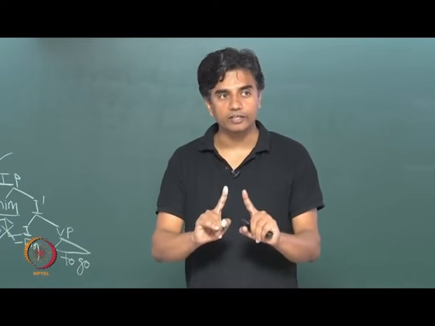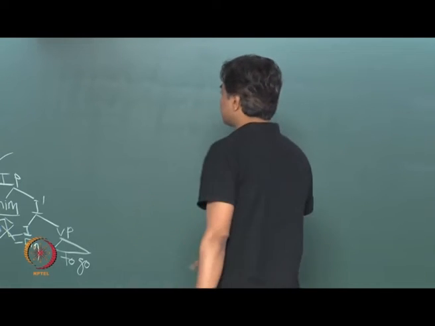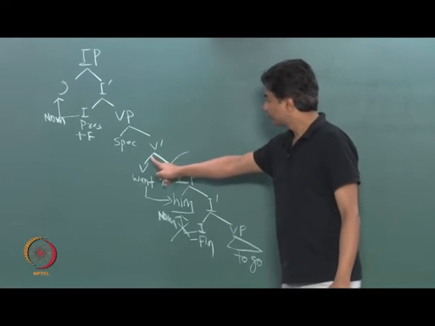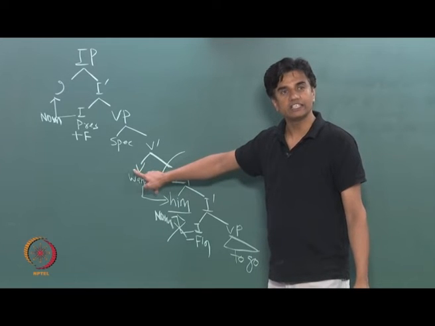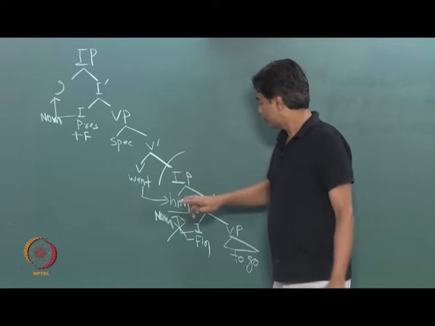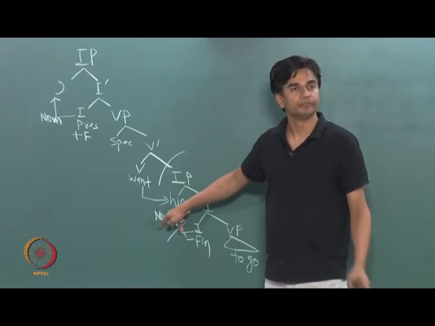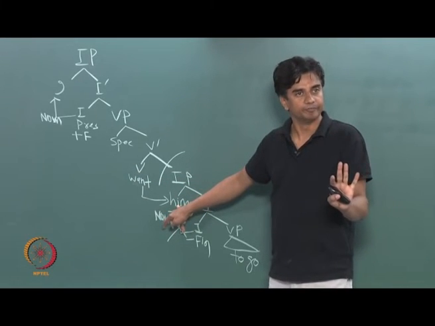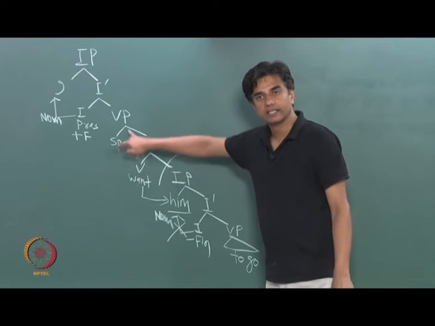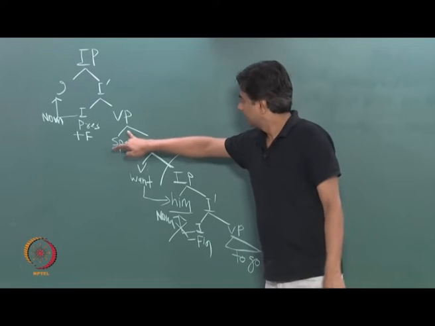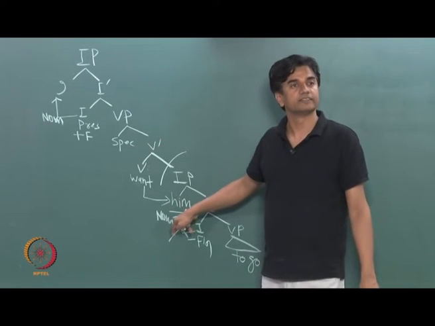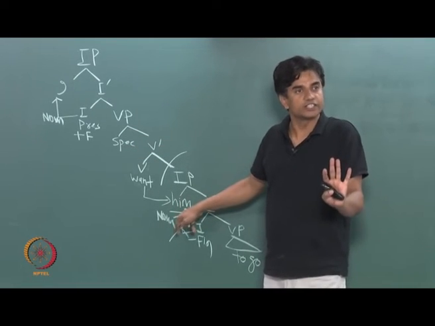It is M-commanding to the extent that first maximal projection dominating V also dominates this NP. To this extent it is okay. First maximal projection dominating V is VP, right? And VP also dominates this one. To this extent it is okay.